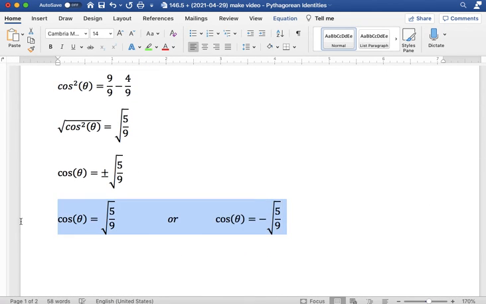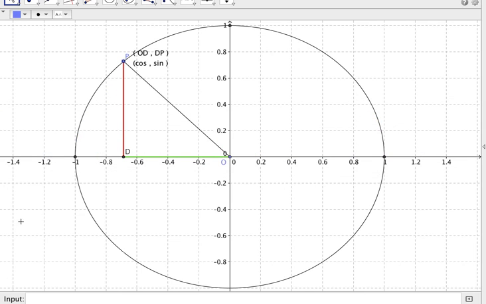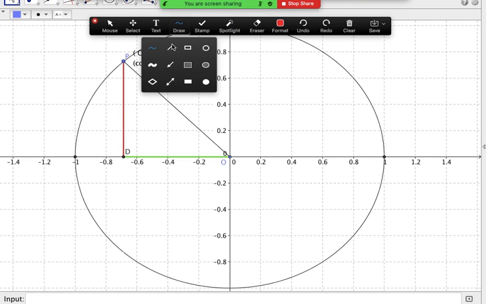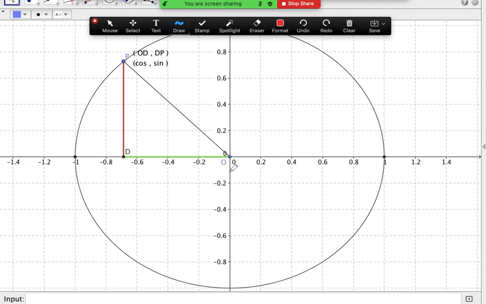And this is sort of about what we expected. Remember when we looked at our unit circle, we knew that we were going to have one answer that was negative and one answer that was positive, about the same amount, or exactly the same amount.